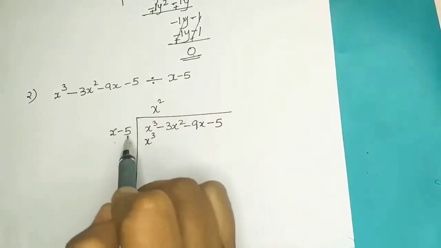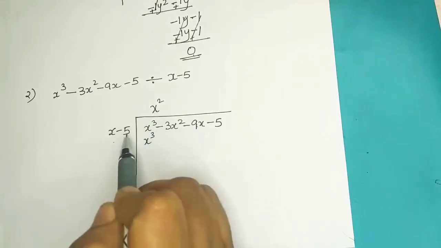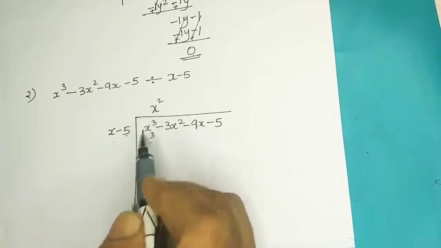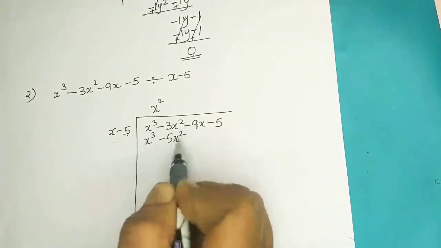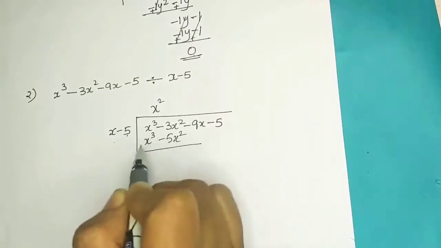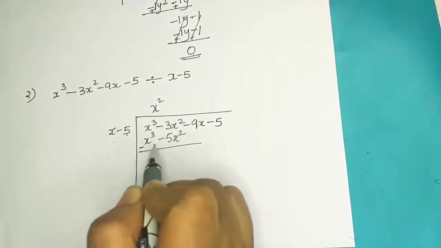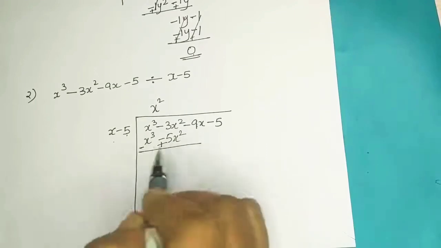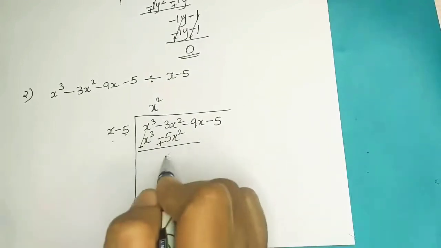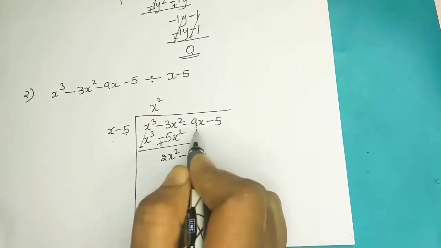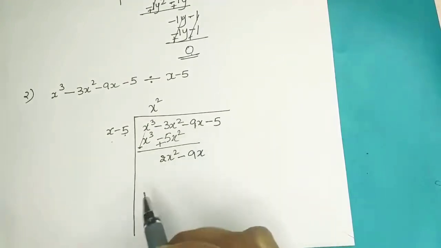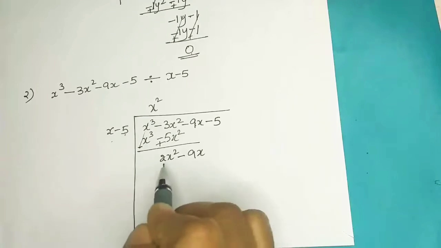Next, negative 5 into x square. You multiply the second term of the divisor with the same quotient, which is negative 5x square. We subtract, that is, change the sign, and what you get here is positive 2x square and minus 9x, after taking down the next term. This is the new dividend.